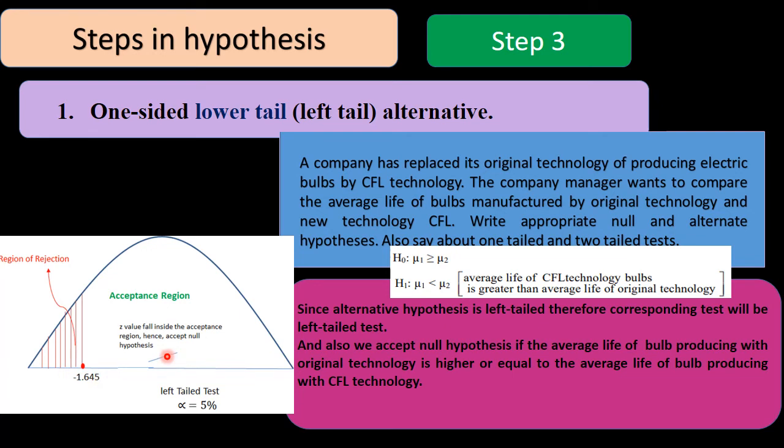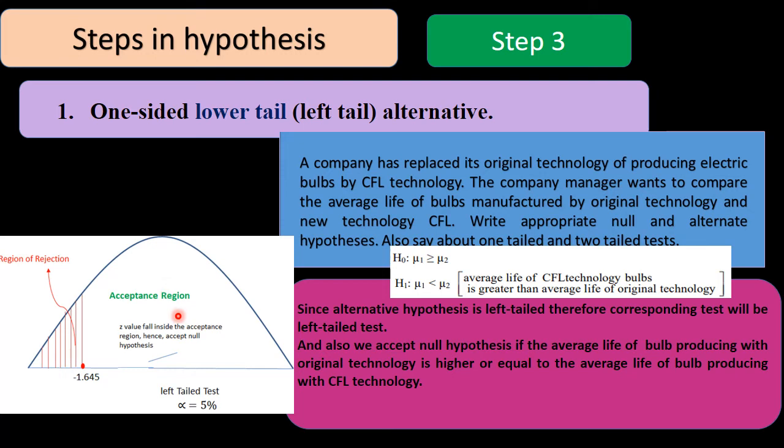Then if the test value is somewhere here, higher than minus 1.645, that means it is in the null hypothesis acceptance region. At that time, we need to accept the null hypothesis.